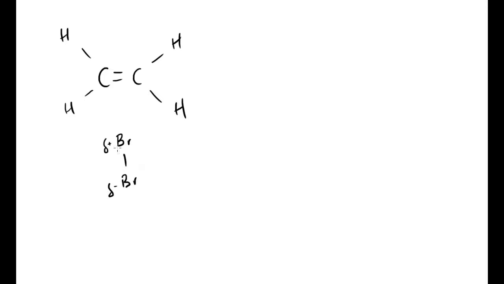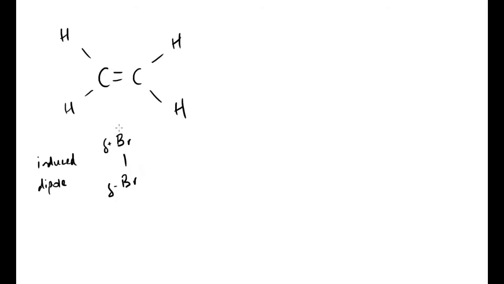So the electrons are being pushed from the top toward the bottom, and this is inducing a dipole. We now have this region of delta positivity, and this region of delta negativity at the bottom here. And this now means that a reaction can take place.